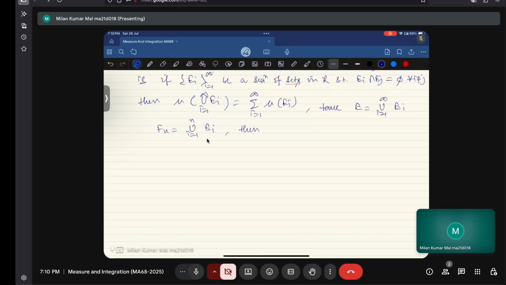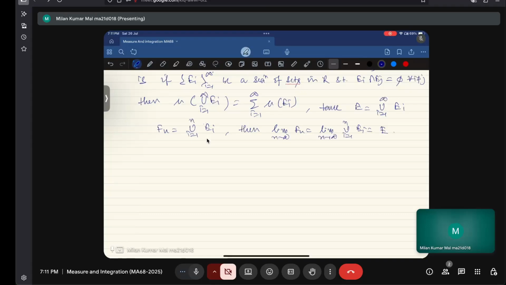Then one can easily say that Fn is converging to E. That means the limit as n tends to infinity of Fn equals E. That is clear, because the limit as n tends to infinity of the union of Ei, i equals 1 to n, is E.